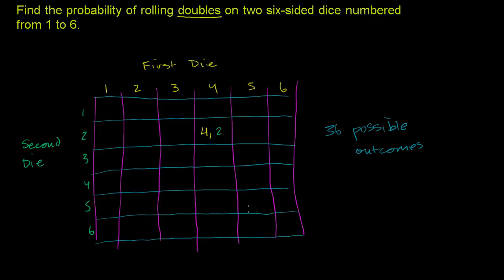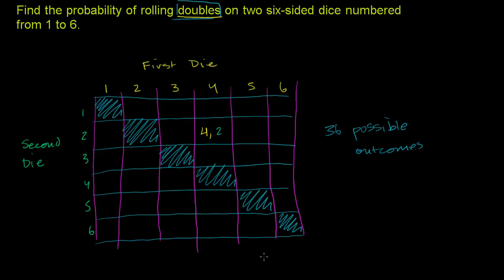Now, what are the outcomes that satisfy our conditions, that entail us getting doubles? Well, if we get a 1 on the first die, we have to get a 1 on the second die. If we get a 2 on the first die, we have to get a 2 on the second die. A 3 on the first, a 3 on the second. I think you see where this is going: 4 and 4, 5 and 5, and then 6 and 6.